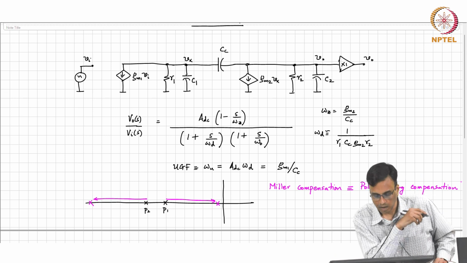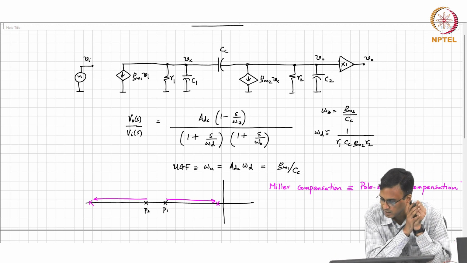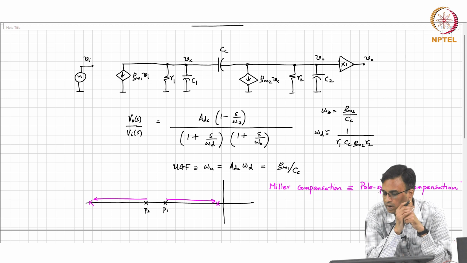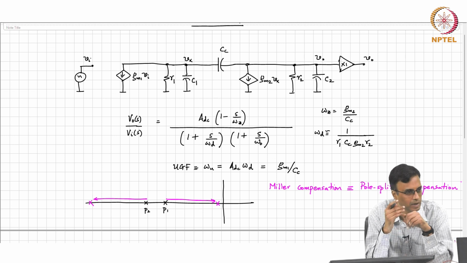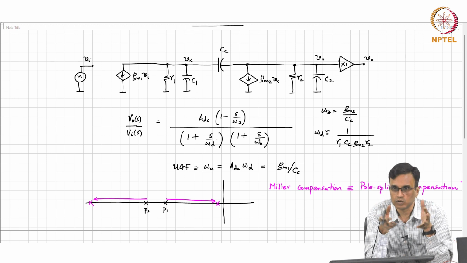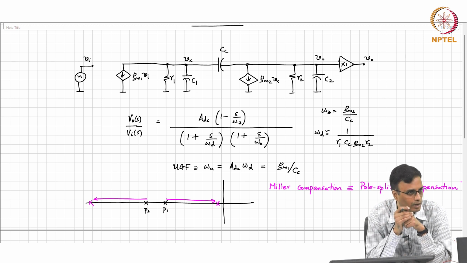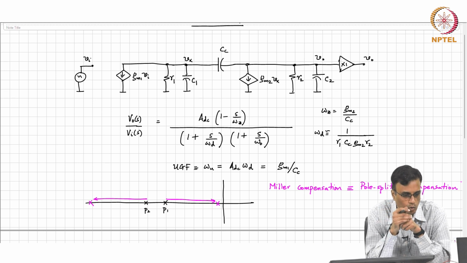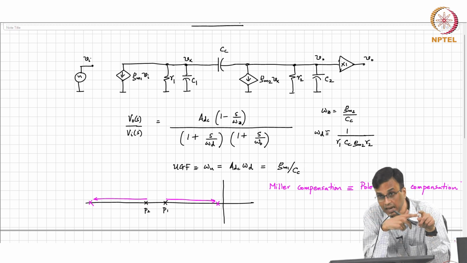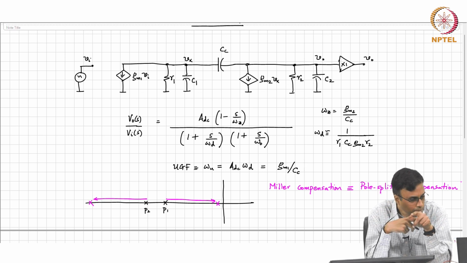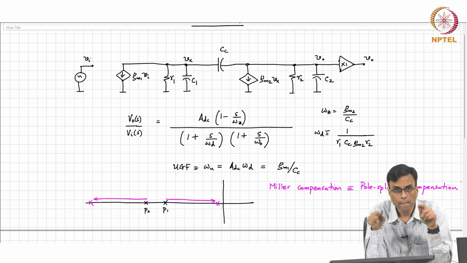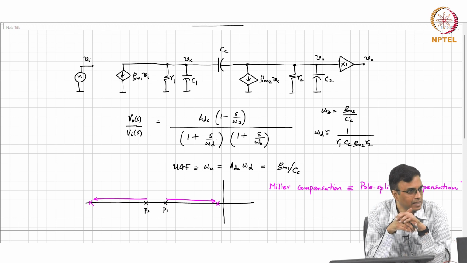And another minor point that I would like to make is that if a company is selling you a general purpose op amp, when you say a general purpose op amp, it means that you have no real idea what the user is going to use the op amp for. So, you just assume some broad set of boundary conditions, in the sense that you hope that the user will not put a feedback factor with a gain greater than 1, and then make sure that your compensating capacitor Cc is chosen so that the amplifier is unity gain stable.